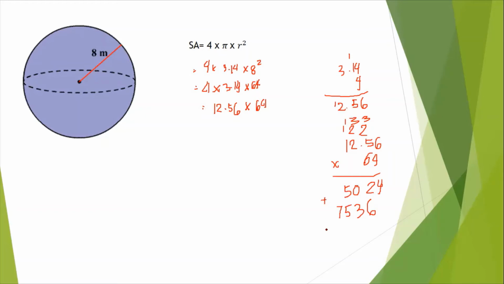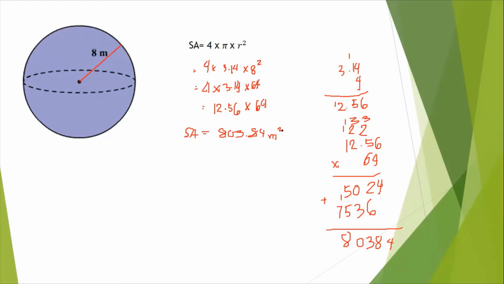Let's now add. So we have here 4, 8, 3, 10, carry 1, 8. How many decimal points? We have 2 decimal points. So for our final answer, the surface area of this sphere is 803.84 meter squared.